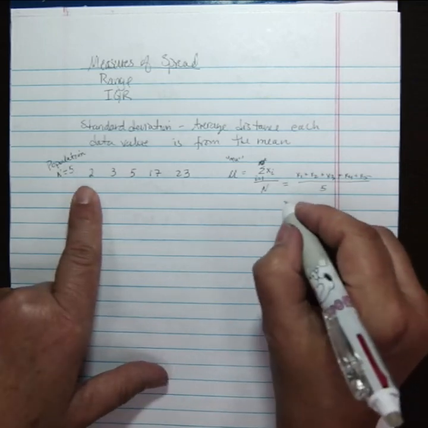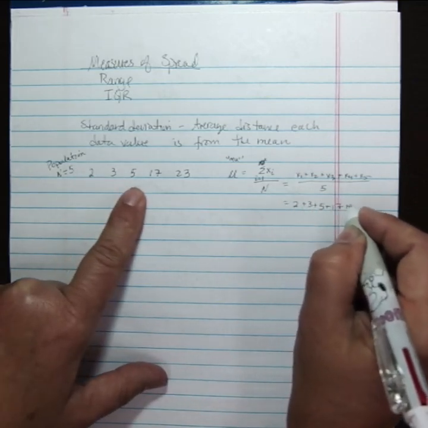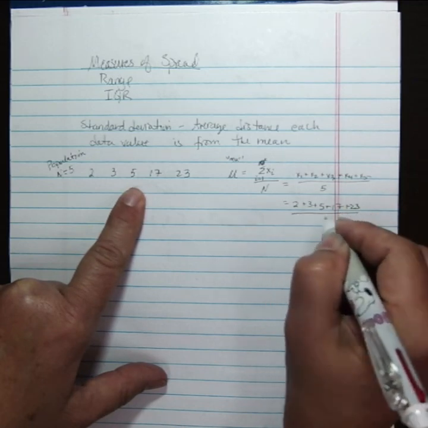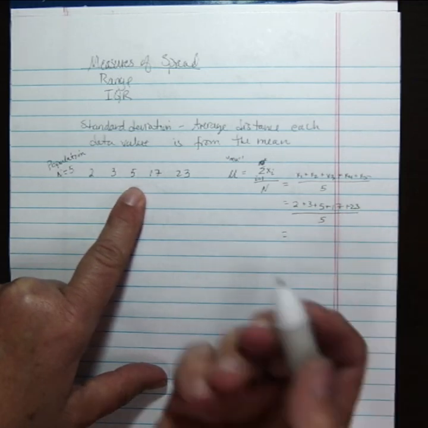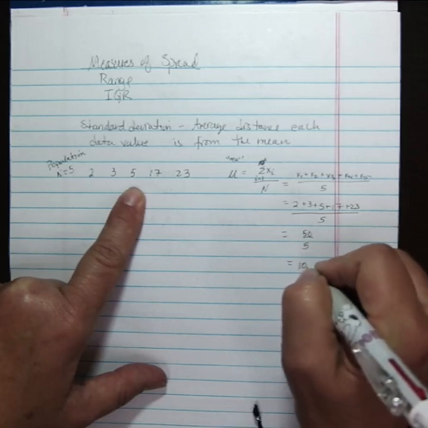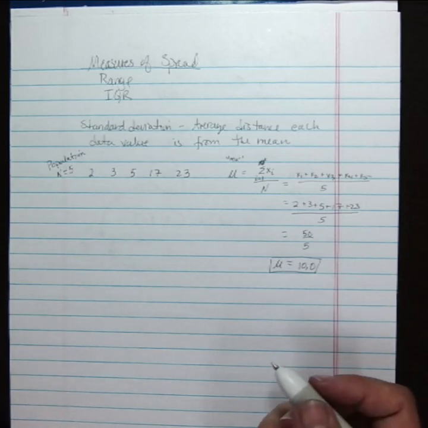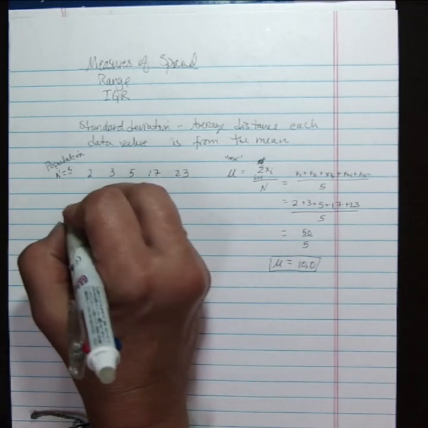And we know the values of these. 2 plus 3 plus 5 plus 17 plus 23 divided by 5. So I just add them all. I get 50. Divide that by 5. My mean is 10.0. Now that I have that, I now can look at this average distance each data value is from the mean.